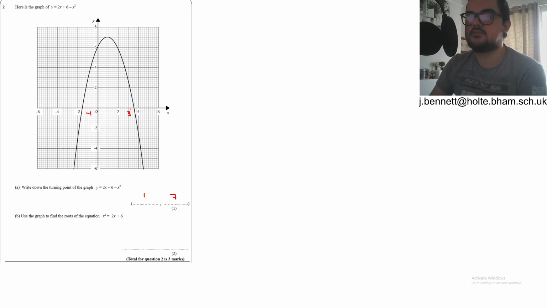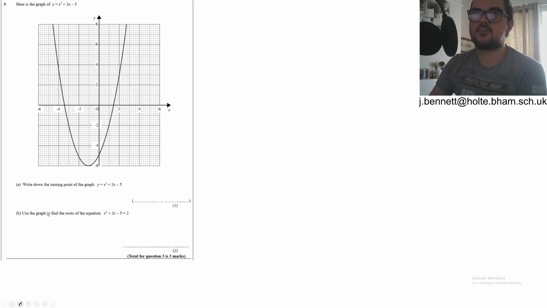These little increments are going to represent 0.2, so we go 0.2, 0.4, 0.6. So we're going to have 3.6 and minus 1, minus 1.2, minus 1.4, minus 1.6. Perfect, let's go to the next question.